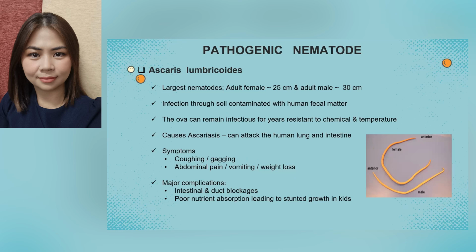The ova can remain infectious for years, resistant to chemicals and temperature. It causes ascariasis and can attack the human lung and intestine. The symptoms are coughing, gagging, abdominal pain, vomiting, and weight loss. Major complications are intestinal and bile duct blockage, and poor nutrient absorption leading to stunted growth in kids.